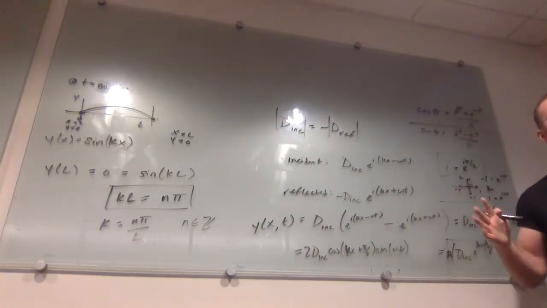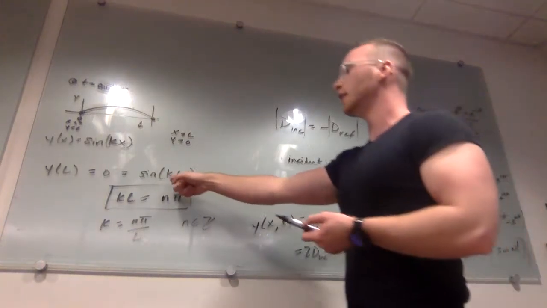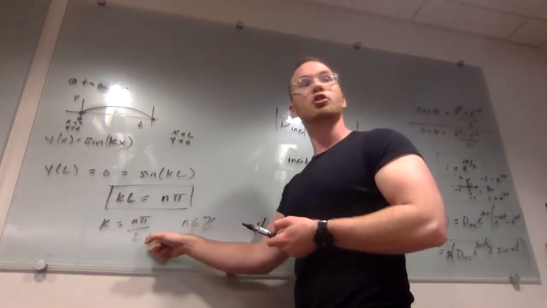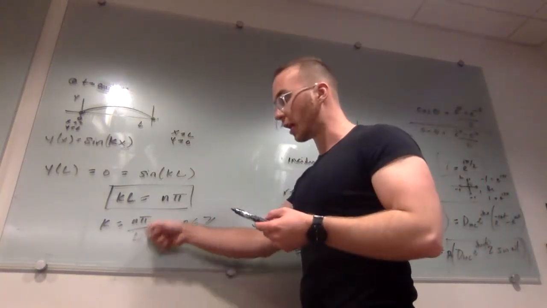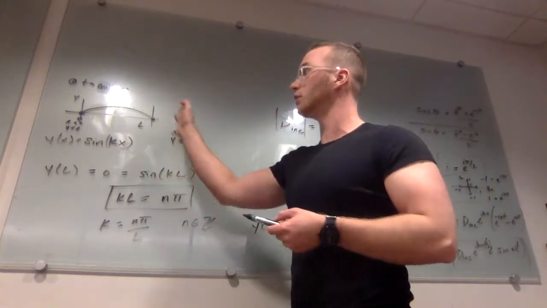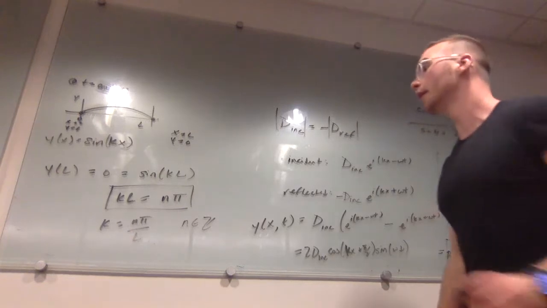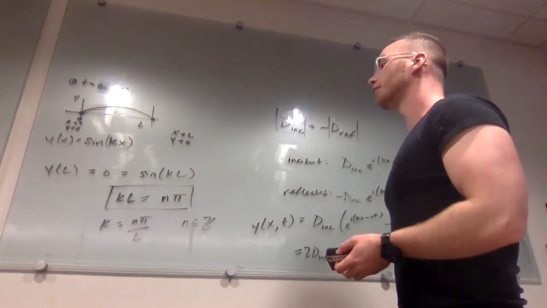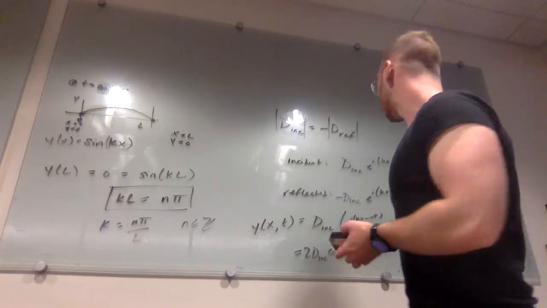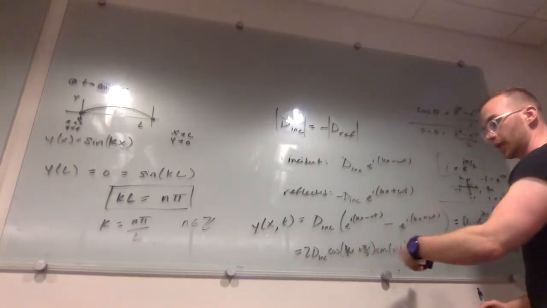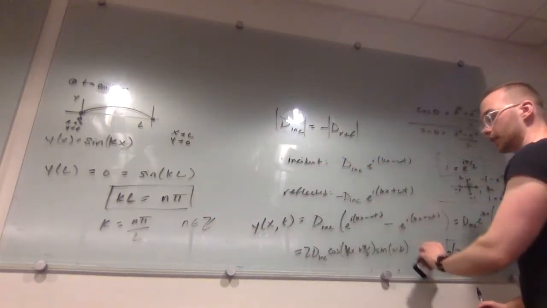There are no rules about it. But in this case, it can only be an integer copy of some fixed number, which is given by the length of the system. Now I'm going to erase this. So this is how we get this quantization condition.